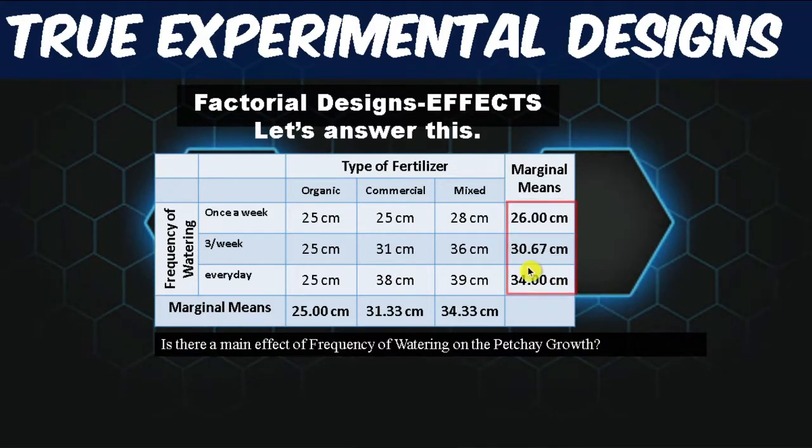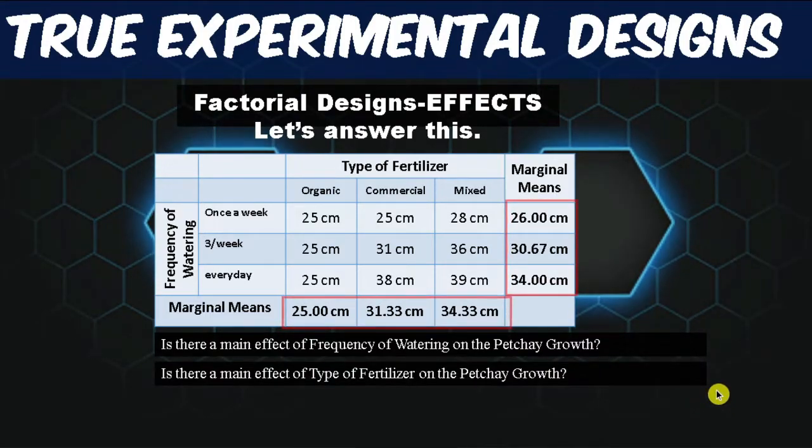The growth is highest under this group if you water it every day, followed by 3 times a week, followed by once a week. So the amount of water is a factor for the growth of pechay. So there is a main effect of this independent variable on the pechay growth.